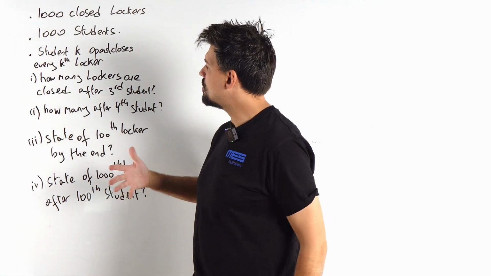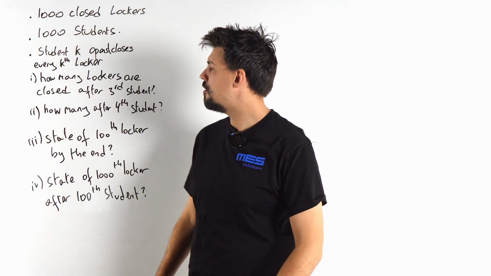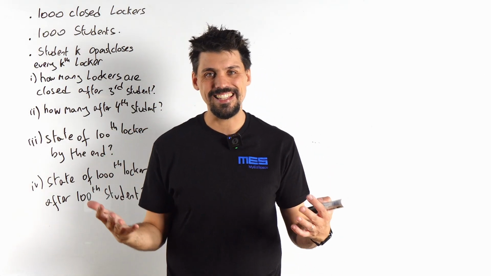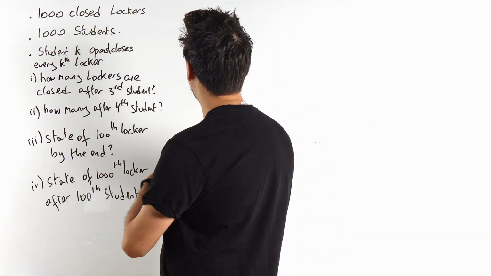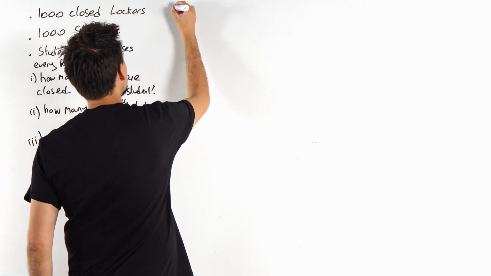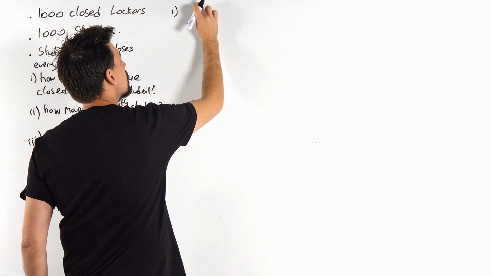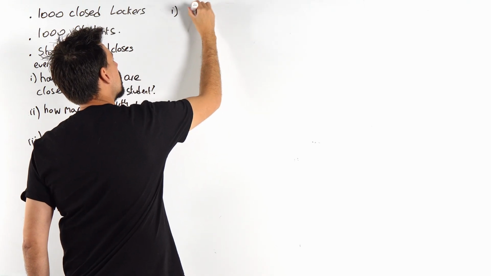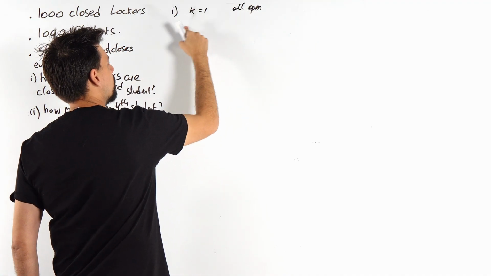So let's start. All the lockers start closed. How many lockers are closed after the third student? Well, it's not easy, but let's go for the first student. After the first student, they are all open. All right, easy.